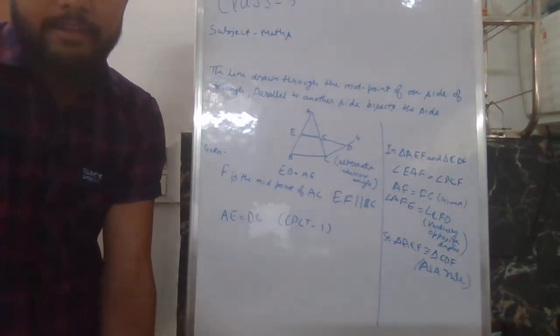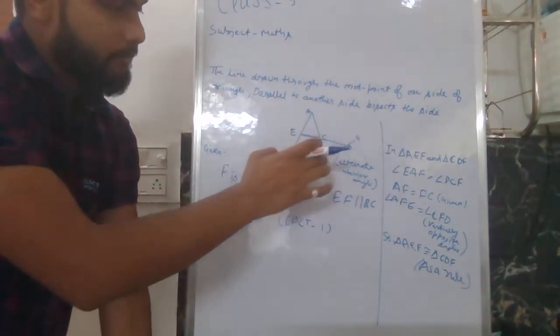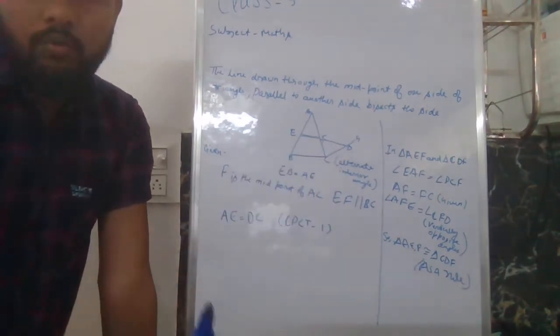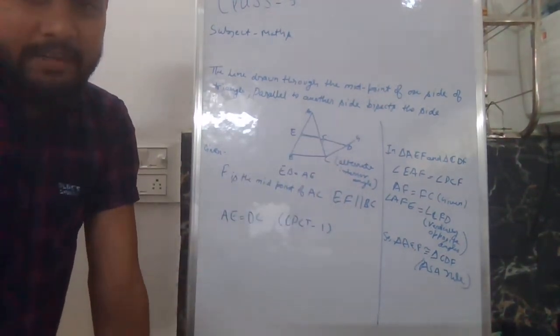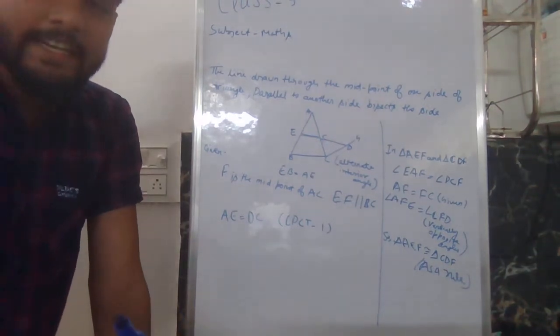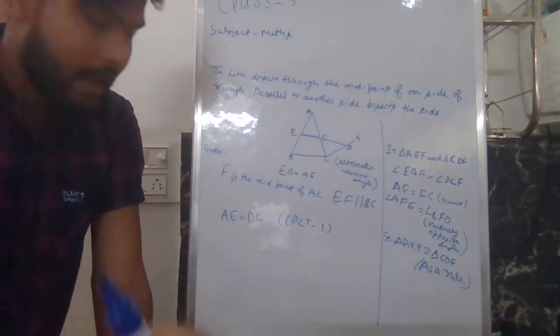So after that we can see that in quadrilateral EBCD, EB is parallel to DC and ED is parallel to BC. We can say that EBCD is a parallelogram.